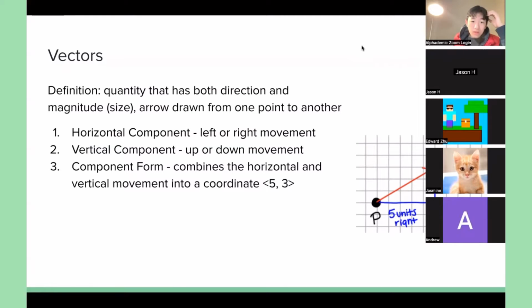The vertical component, which is the up and down movement, and the component form, which combines the horizontal and the vertical movement into a coordinate, basically, which, as you can see here, the component form for vector PQ would be (5, 3). Always the horizontal comes before the vertical.